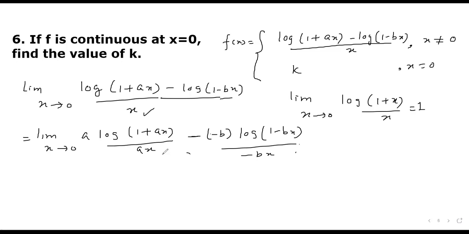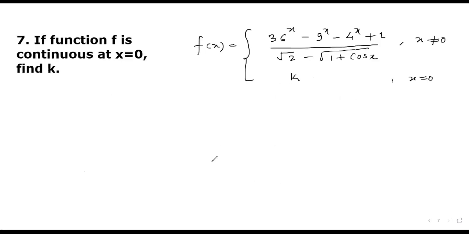If this x is written here, I have divided it separately. So this will become 1, this term will also become 1, and we will be left with a plus b. So we can say that k is equal to a plus b.